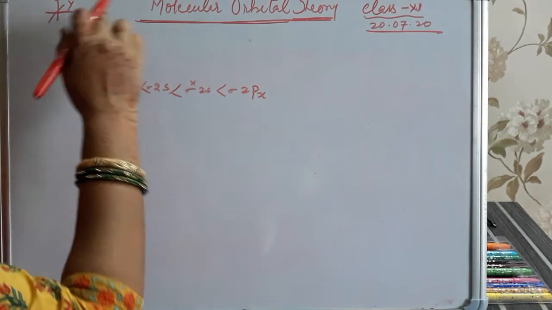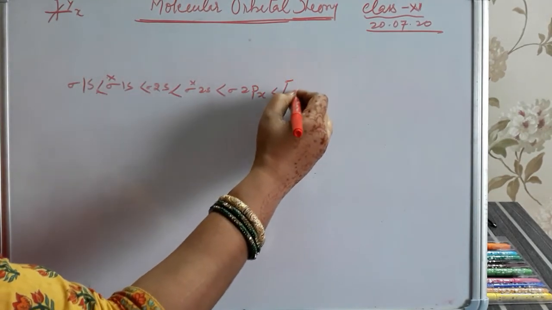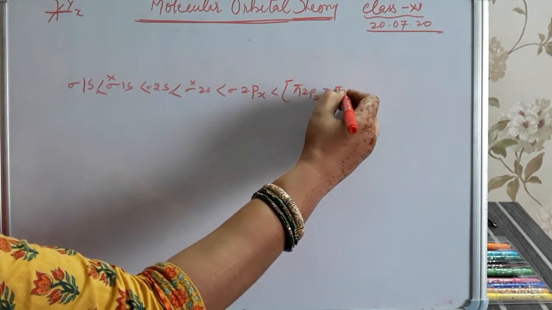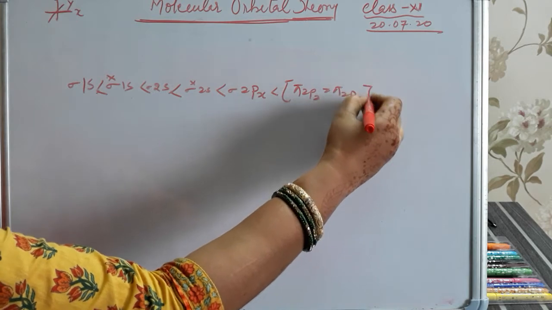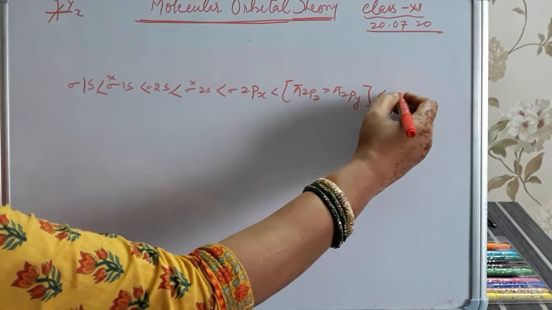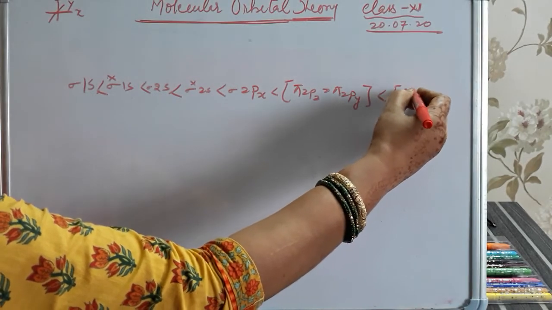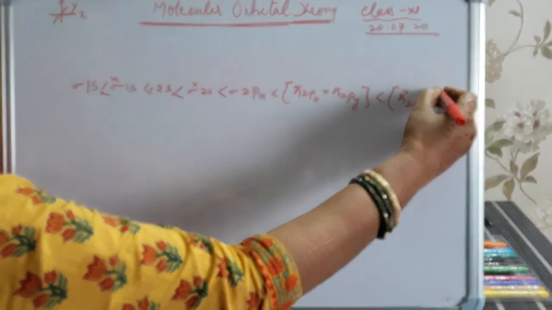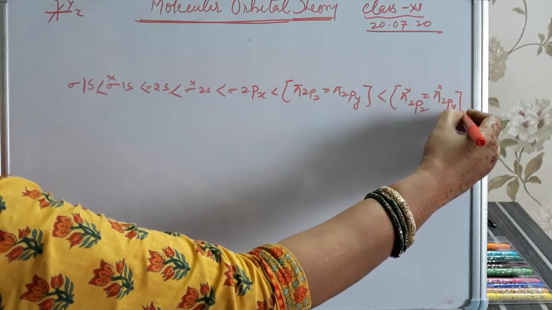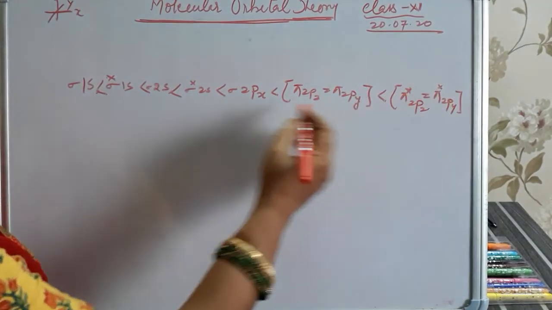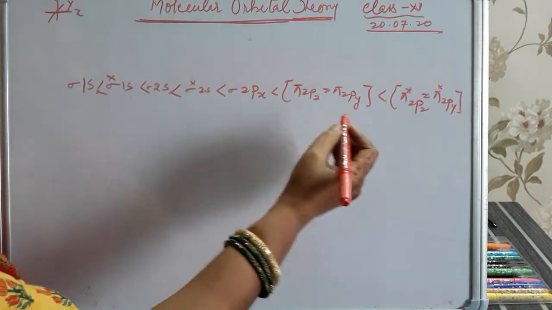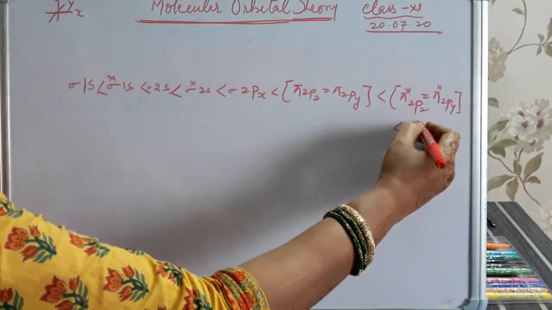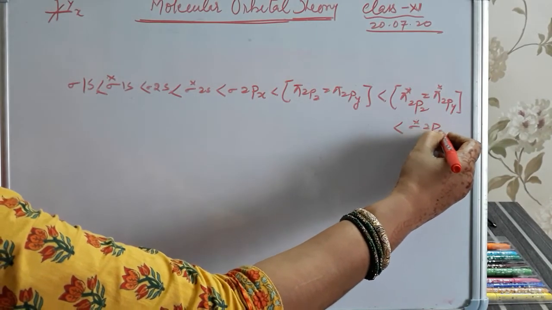then sigma anti-bonding 2s, then sigma 2px, this x-axis, then pi 2pz and pi 2py, then pi anti-bonding 2pz and pi anti-bonding 2py. These two molecular orbitals have same energy, so it is written in this form. And at last, much higher energy, sigma anti-bonding 2px.